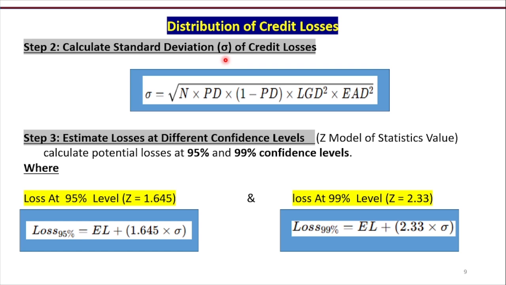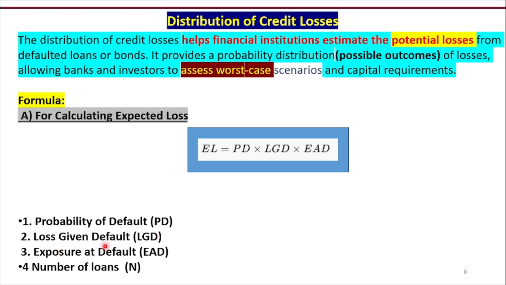Here we're going to call this symbol sigma, which is known as the standard deviation. In step number 2 we are going to calculate the standard deviation. So standard deviation equals the square root of N times PD times (1 minus PD), times LGD times EAD. LGD is loss given default and EAD is exposure at default.